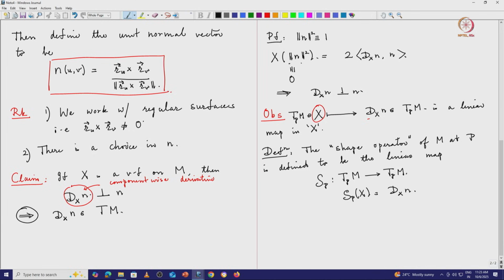So that is called the shape operator, and then the curvature of my surface.